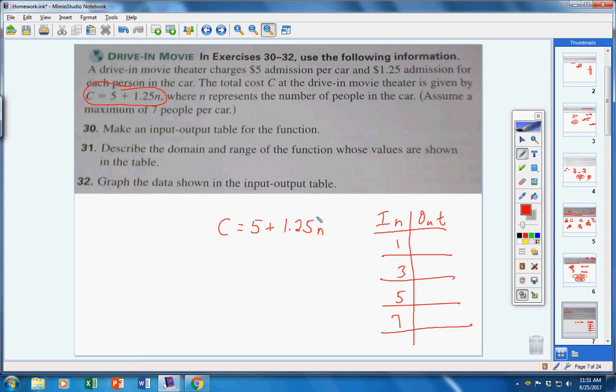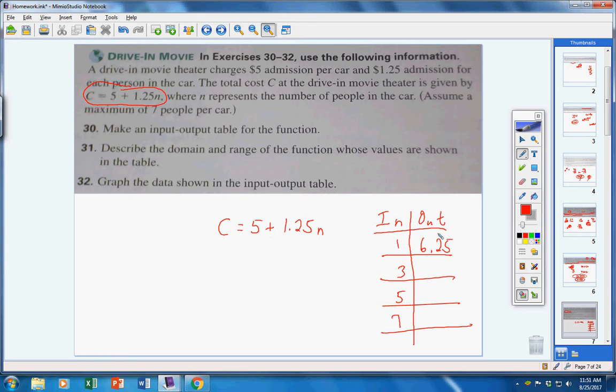If I put a 1 in for n, now guys, you have calculators, so I'm going to go a little fast on this because there's really no need for me to continue to do this work for you when this calculator works. If I put a 1 in for n, $1.25 times 1 plus 5, that's 6.25.